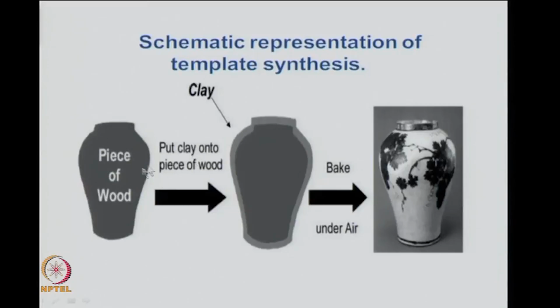This piece of wood here will be given by some other template which will be in the form of small structures and which will ultimately, when we remove that template, you will get small structures which are dependent on the shape of the template.